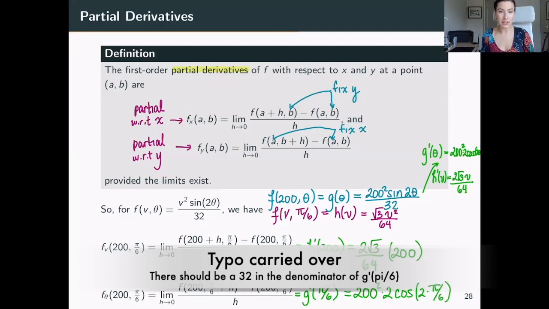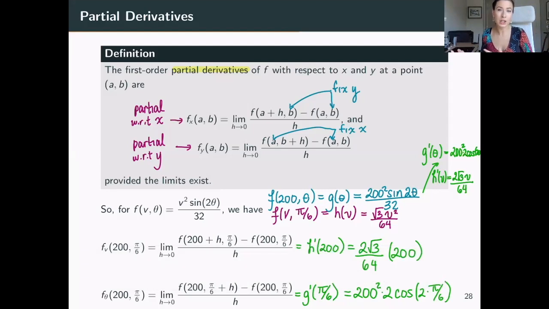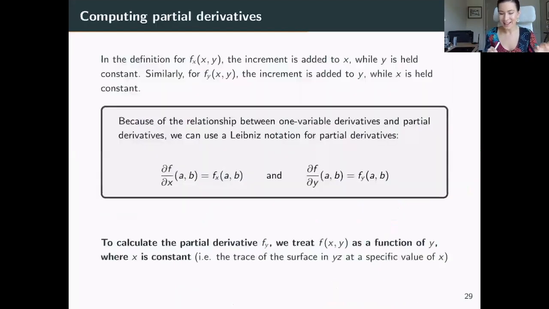So this leads us to a theorem, which now makes it easier so that we don't have to use this limit definition, hopefully ever again. So that is what we get here. So again, in the definition, the increment is added to x for the partial derivative with respect to x, versus the increment being added to y, and our x is held constant for the partial derivative with respect to y.